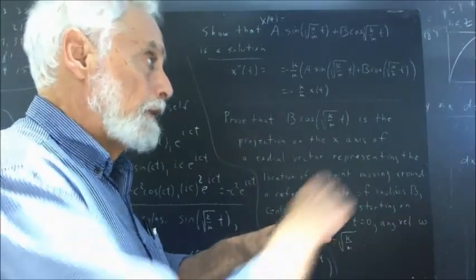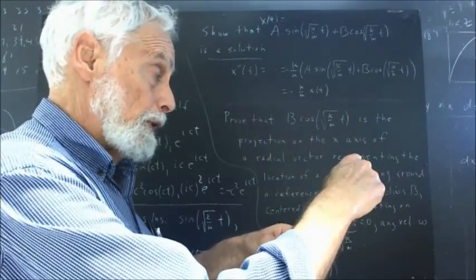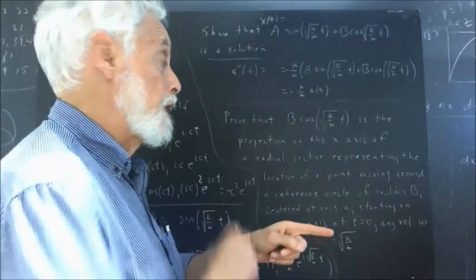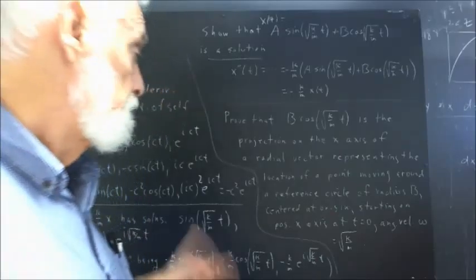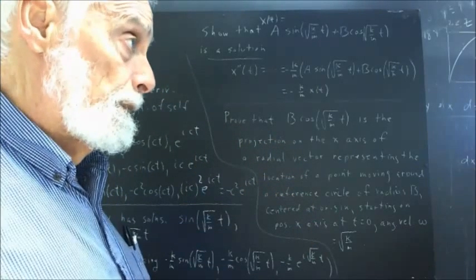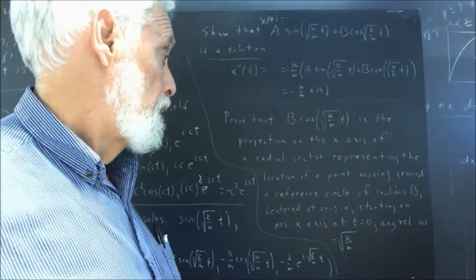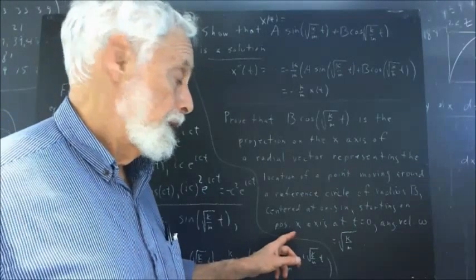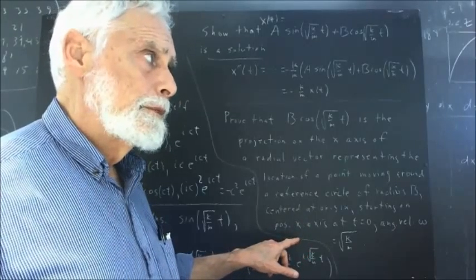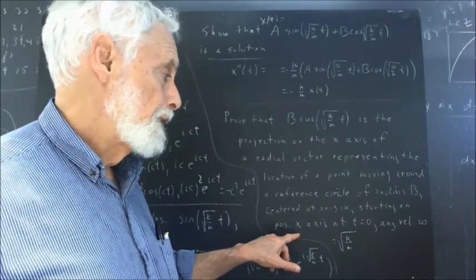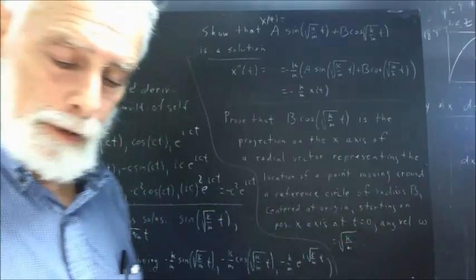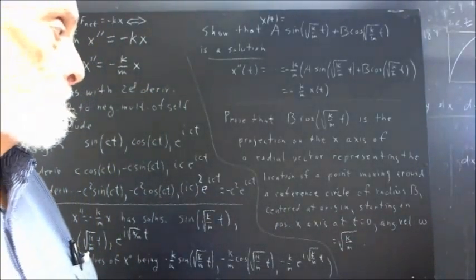And you have a radial vector out to the point on the circle that moves around with the point on the circle like the hand of a clock. You want to draw a picture that represents that. And you want to somehow indicate that the object starts on the positive x-axis and make reference to an angular velocity omega.